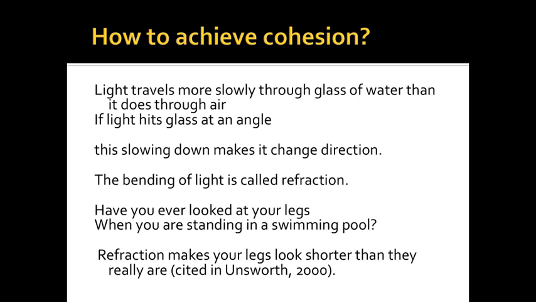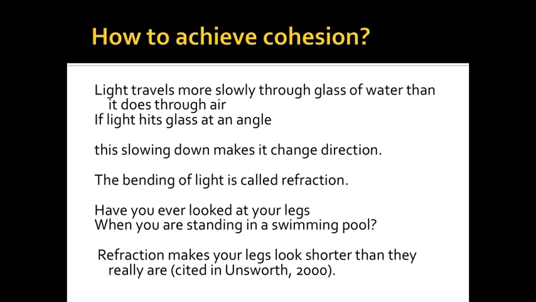Okay, now we understand the definition of theme and rhyme. We're gonna learn how people use theme and rhyme to achieve cohesion in their writing. What I would like to do first is to identify all the themes and rhymes of the following sentences. Light travels more slowly through a glass of water than it does through air.